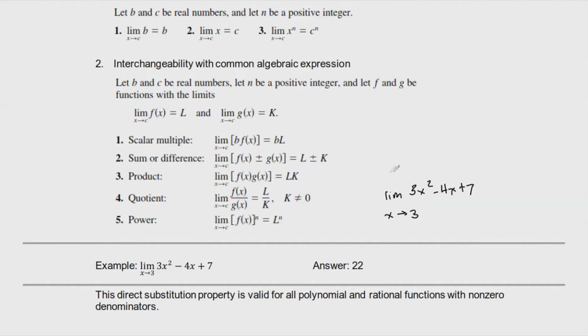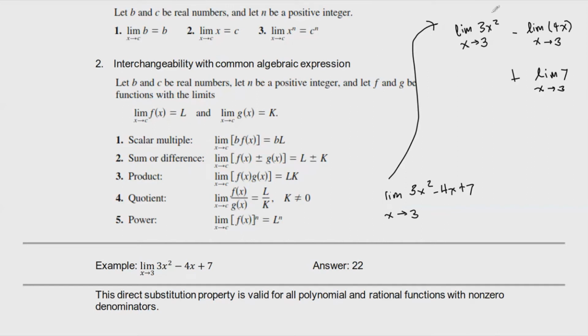I'll just be doing this for now, okay? We can rewrite this as the limit of 3x squared as x approaches 3, minus the limit of 4x as x approaches 3, plus the limit of 7 as x approaches 3. And this obeys the second property, which is the sum and difference.